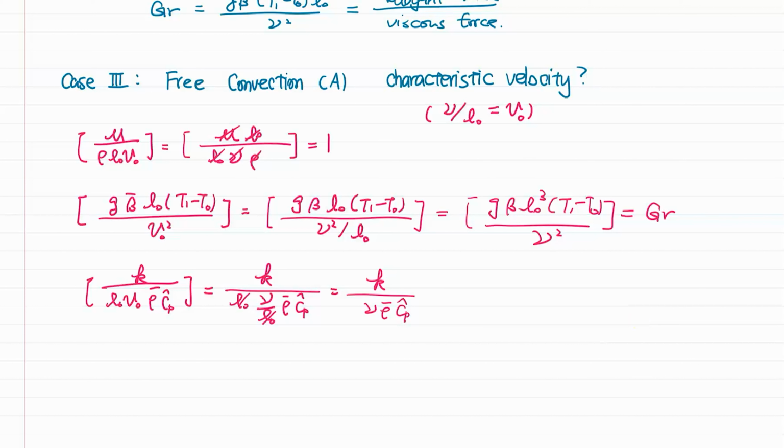Yeah, so this now equals K over mu Cp, which equals 1 over the Prandtl number. And finally, the viscous dissipation term for free convection can be neglected, because free convection typically has a very small velocity gradient.